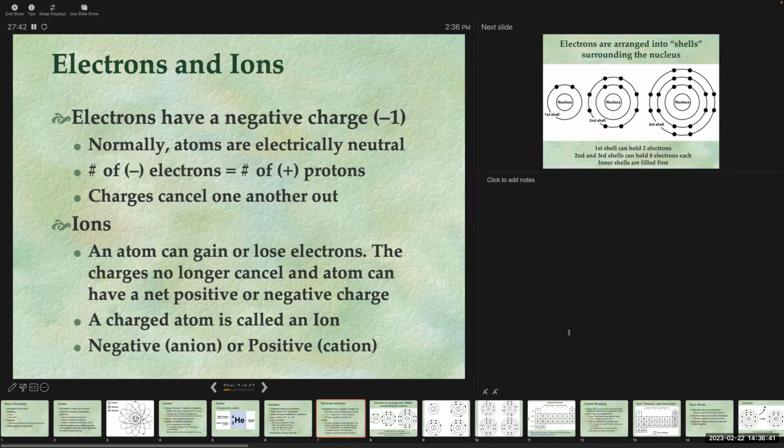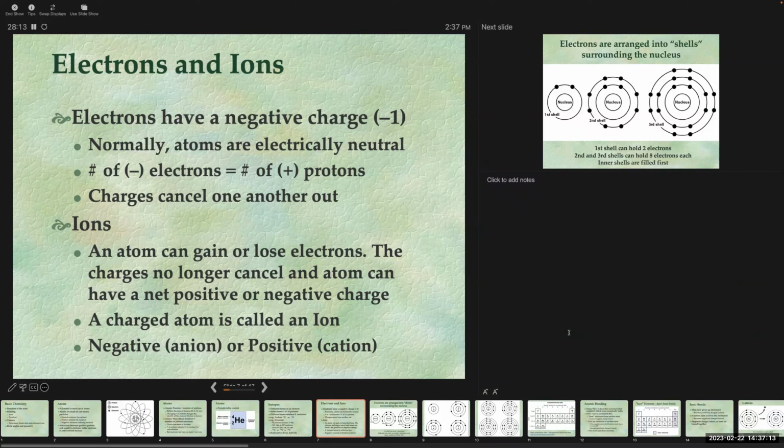Now, for an atom to be electrically neutral, what that means is that the number of negatively charged electrons orbiting the nucleus is equal to the number of positively charged protons in the nucleus. So if the number of negative charges, electrons, is equal to the number of positive charges, or protons, then those charges cancel one another out, and you have an atom which has no net charge.